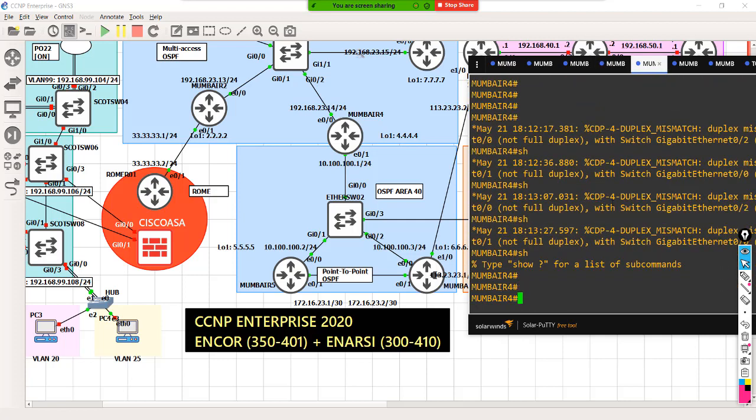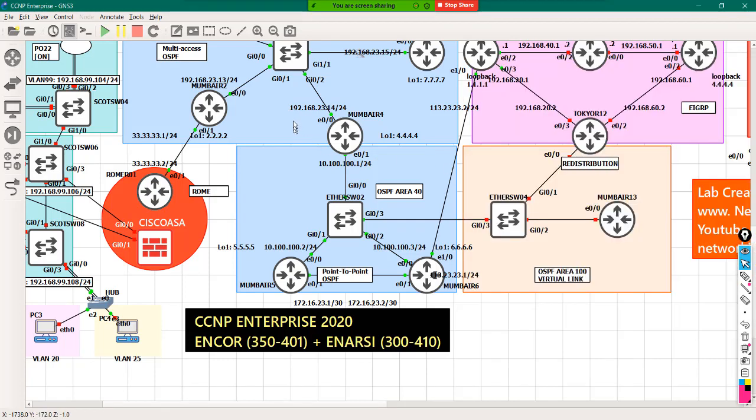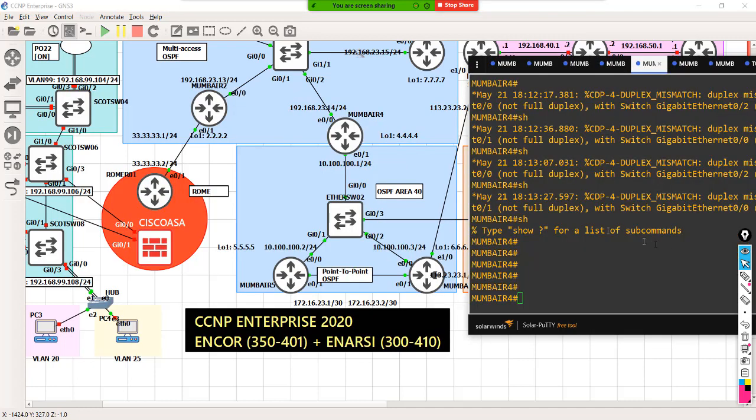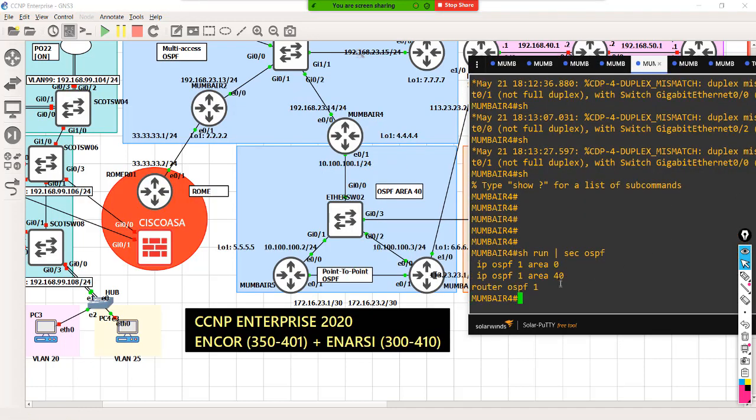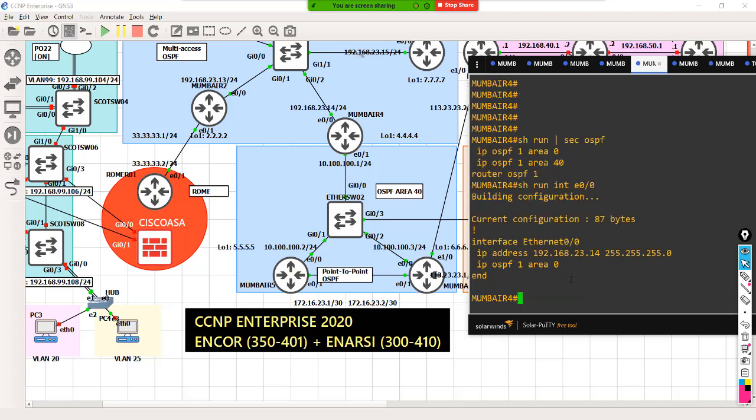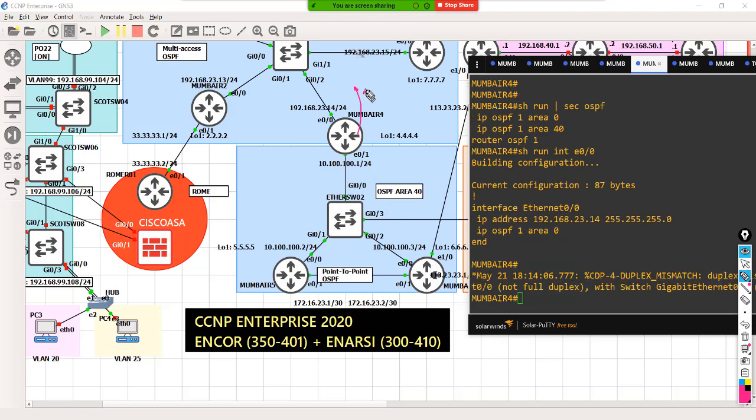Okay, so in the case of Mumbai 4, let me show you what is the configuration that I have done for OSPF. So I'm still making use of interface based OSPF configuration. If you see my interface, that is 0/0. Now 0/0 is the interface which is on the area 0 side. Okay, so you will see area 0.